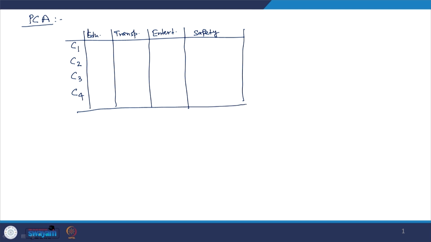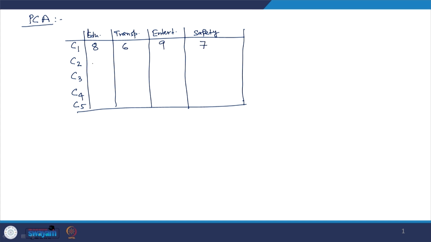Suppose I have this kind of data for 4 cities, or let us say for 5 cities. Let us say I have graded all those parameters, education, transport facility, entertainment opportunity and safety, on a 10-point scale, and for city C1 it is 8, 6, 9 and 7.